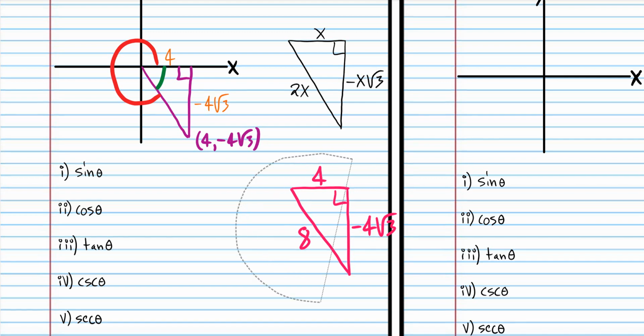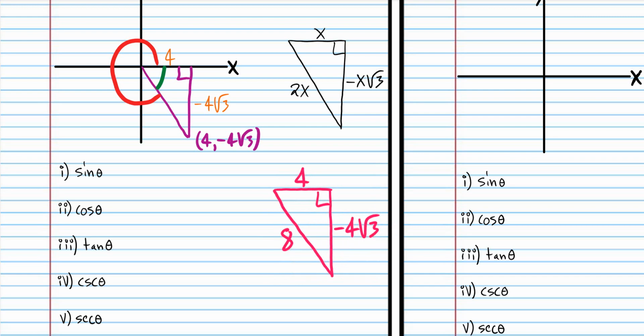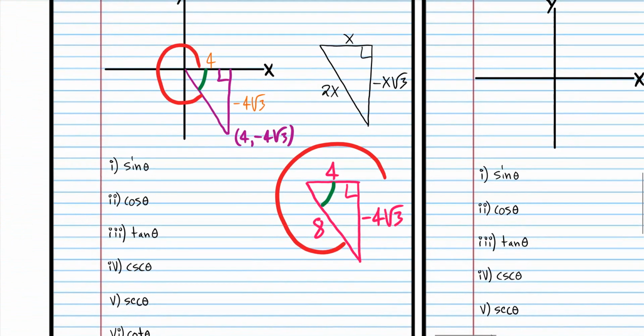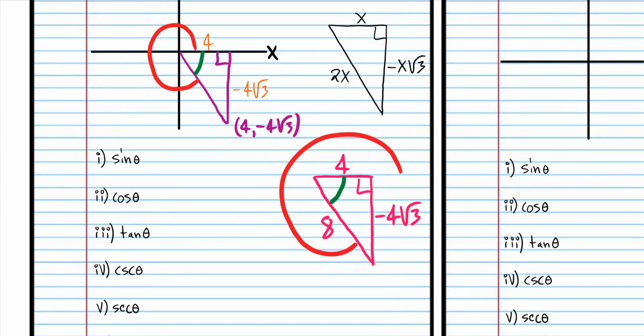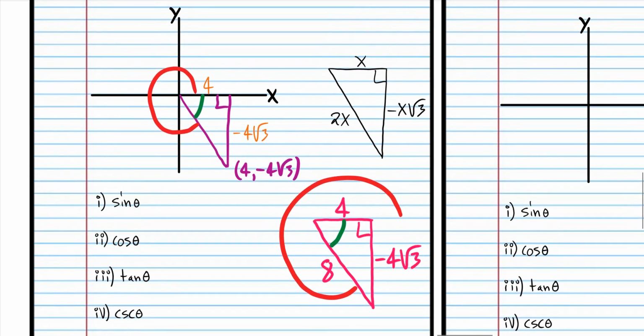And let's draw that red angle so we understand what's going on here. And of course, the green angle is here. And we actually know what the green angle is. Can you guess what the green angle is?